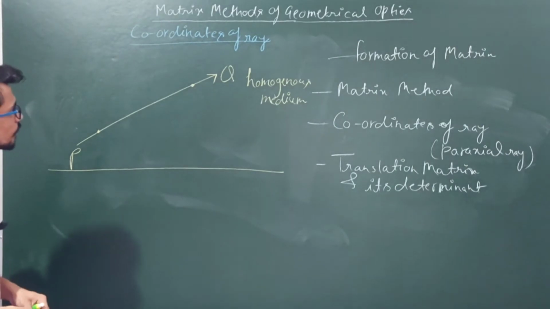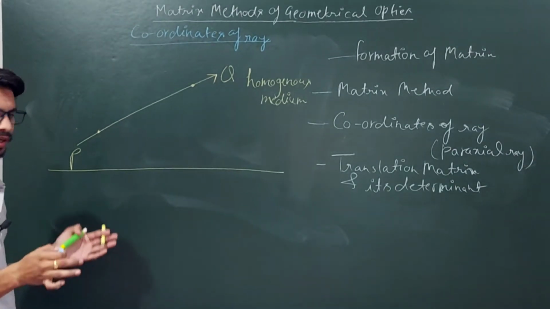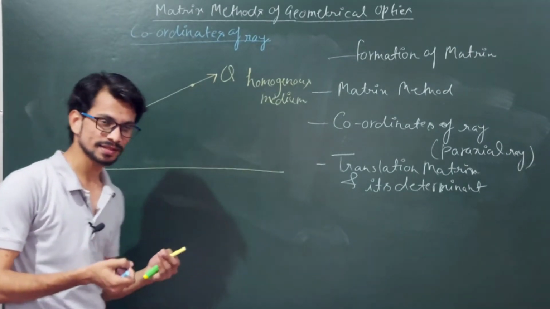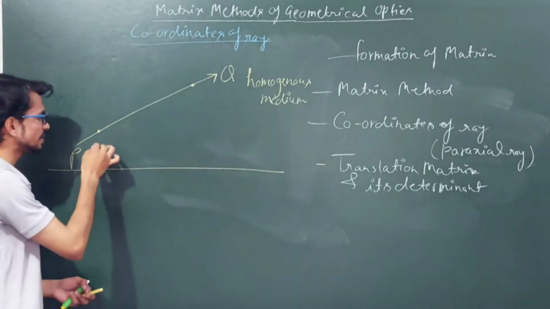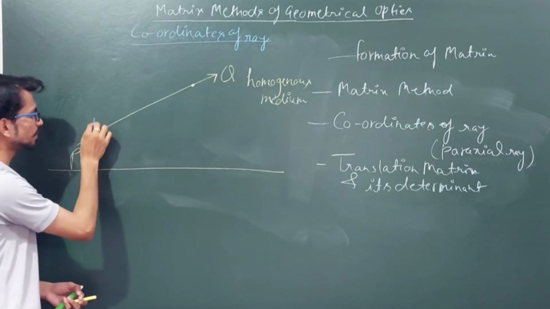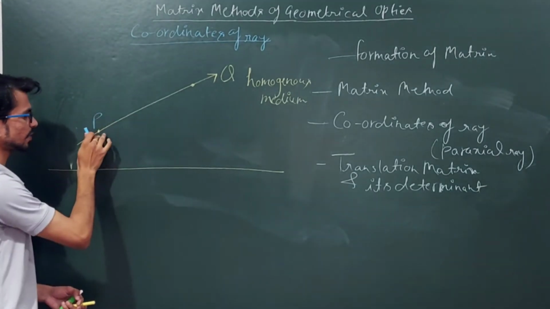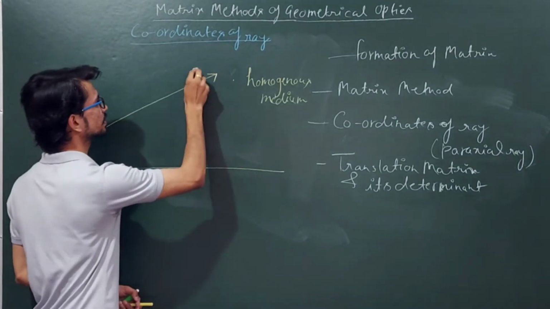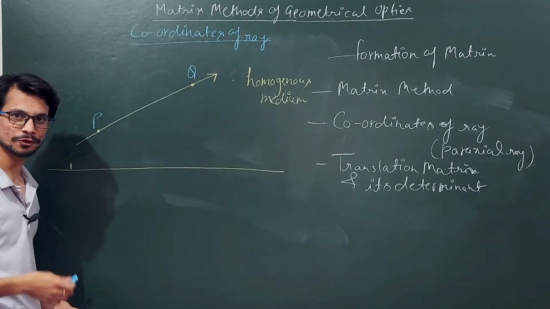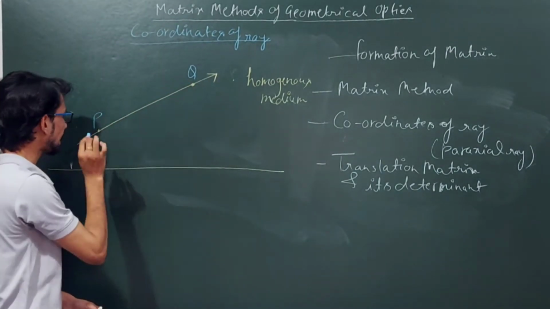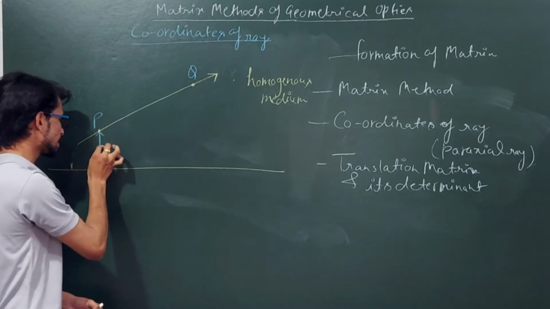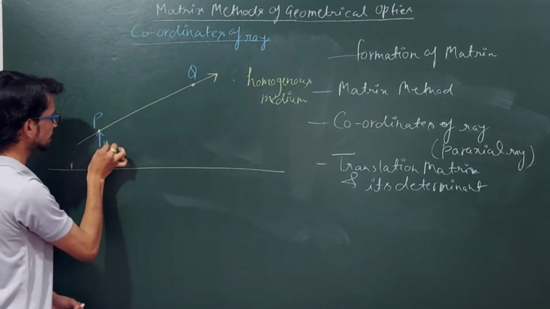Now the coordinates of the ray are simply the distance of a particular point from the principal axis. Let's say this point P is here and this point Q is here. If I talk about the coordinate of this point P of this ray, then I will have this distance. Let's say this distance is nothing but y1.